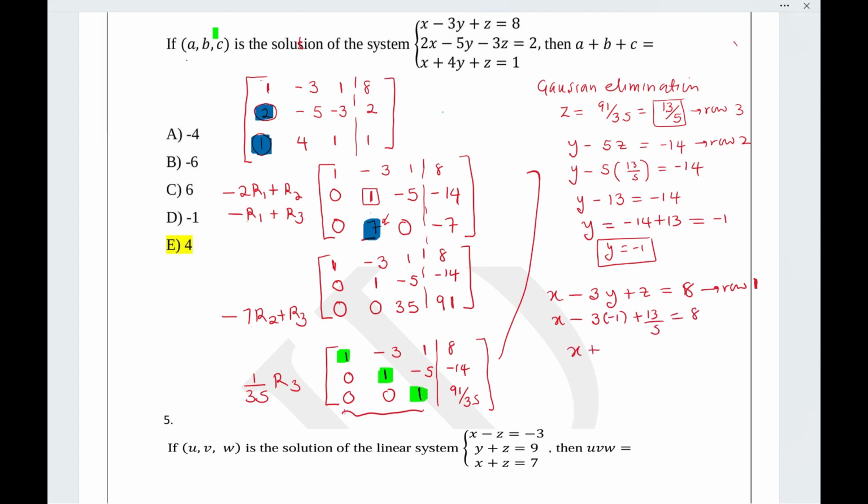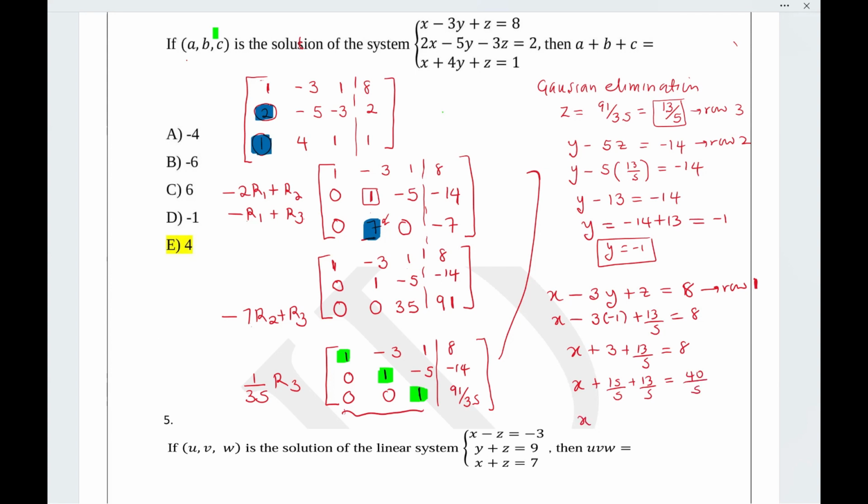So this is x plus 3 plus 13 over 5 is equal to 8. Now this, we can write everything as over 5. So this is x plus 15 over 5 plus 13 over 5. And even this one, we can just write it as 14 over 5.